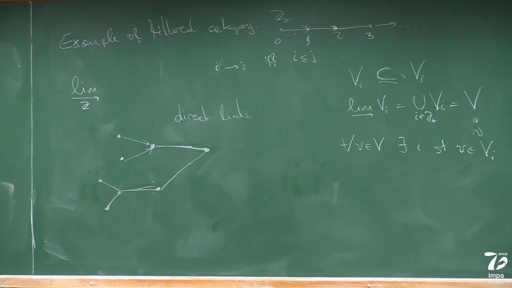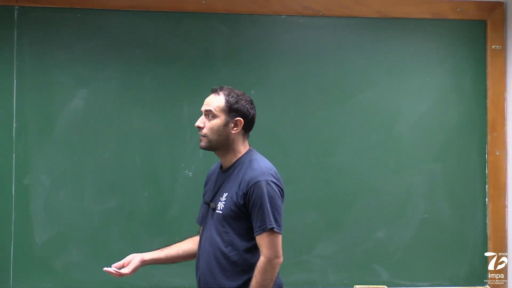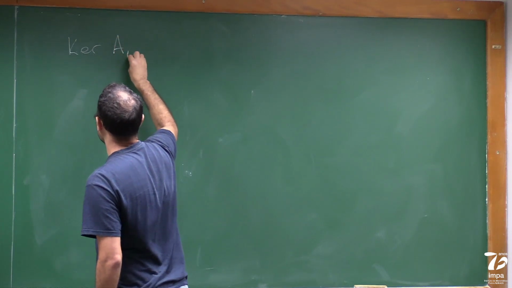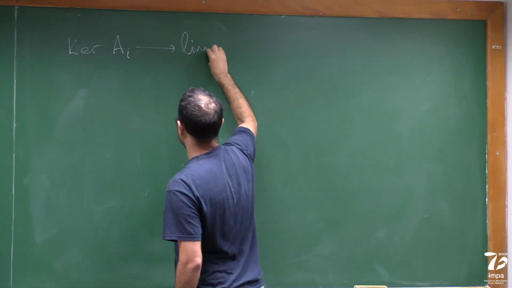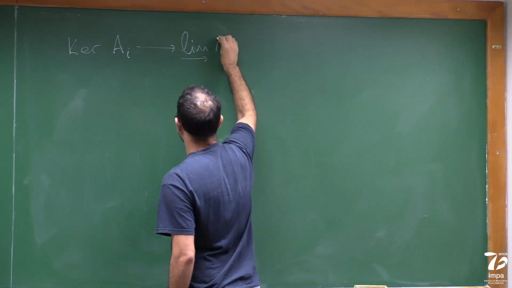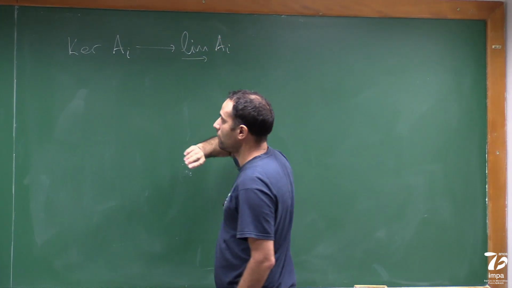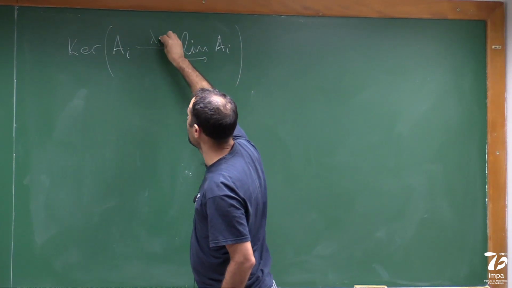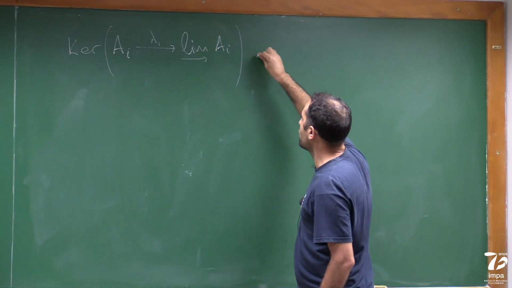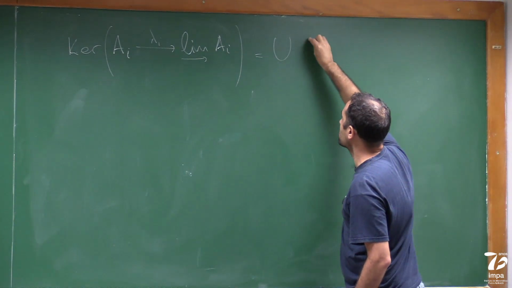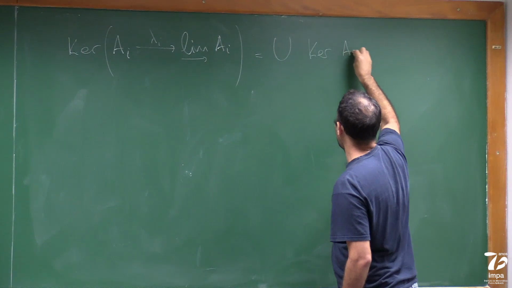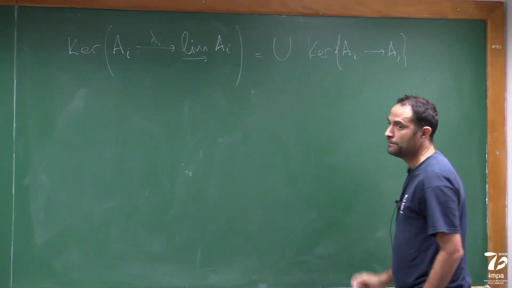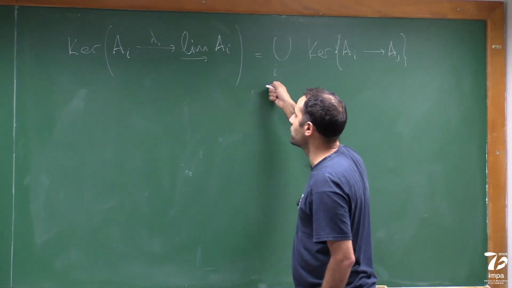That is a different kind of object that didn't happen for the direct limit, and that is the kernel from A_i to the colimit of the A_i's. So I have this canonical map from A_i to the colimit that I called lambda_i. This kernel is going to be the union of all the kernels from A_i to A_j, over all arrows that live over i.